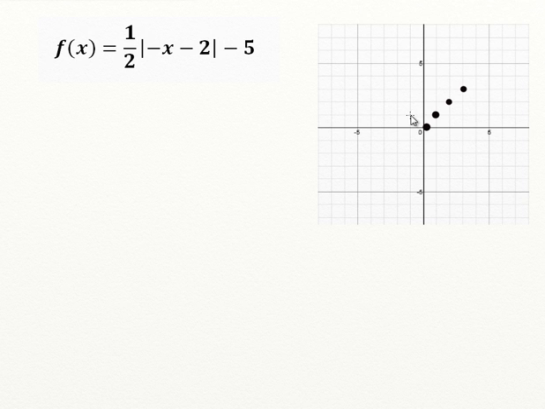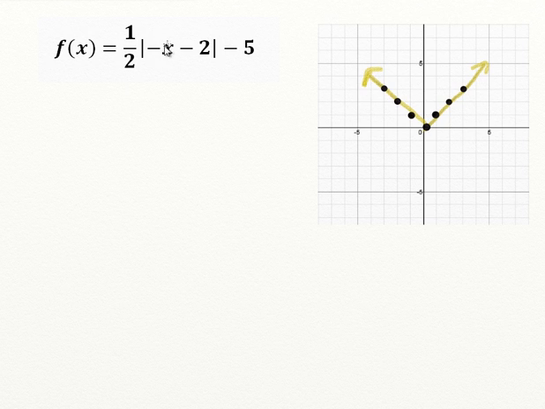And it made a kind of V pattern because y was not allowed to be negative. Okay, so that is the absolute value function of the parent, and we just had a straight arm going up in this direction and a straight arm going up in this direction.